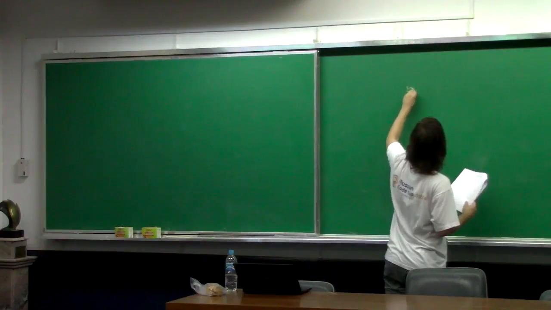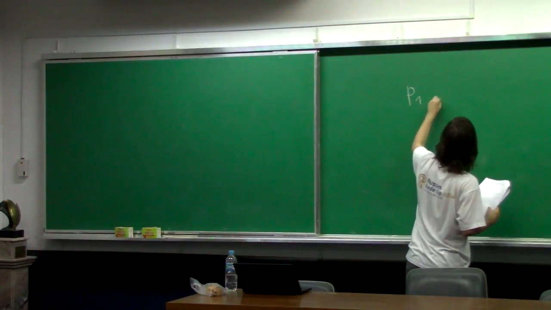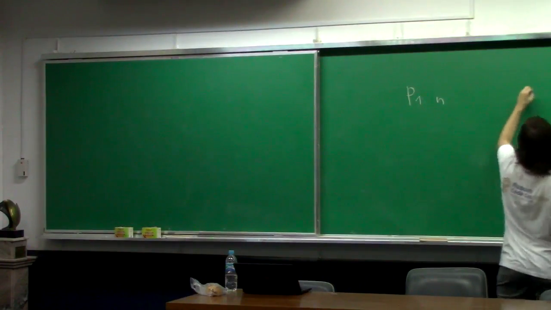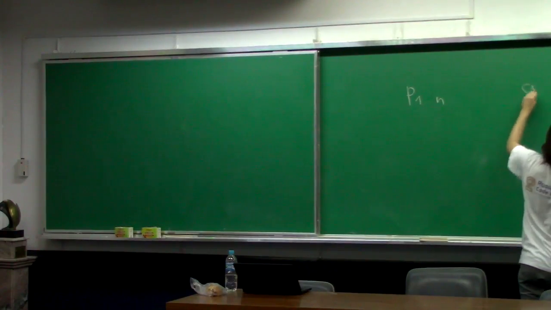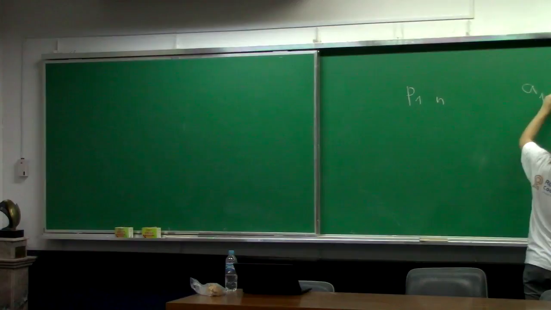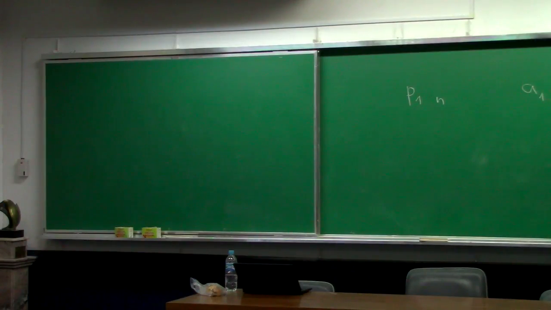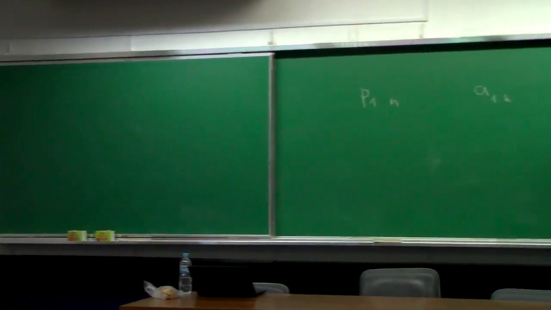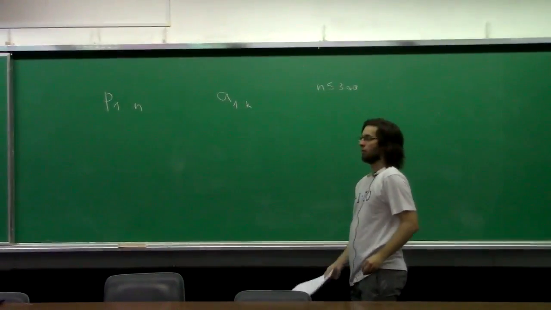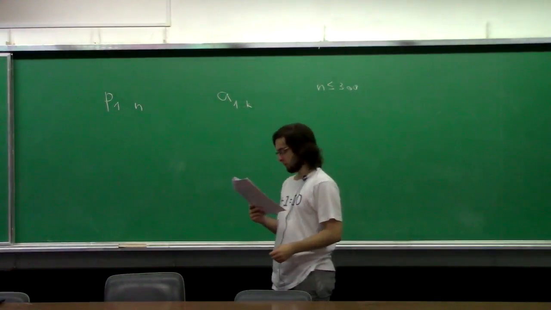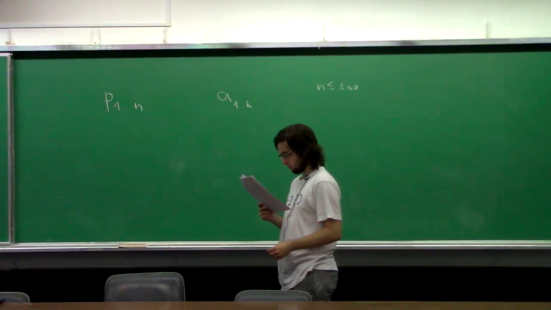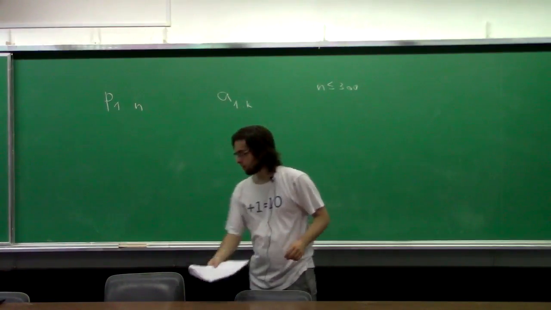So permutations P1 through PN, we want to count permutations that exist for a sequence A1 through AK, where n is up to 300, and the sum of A1 plus A2 plus and so on plus AK is equal to n.